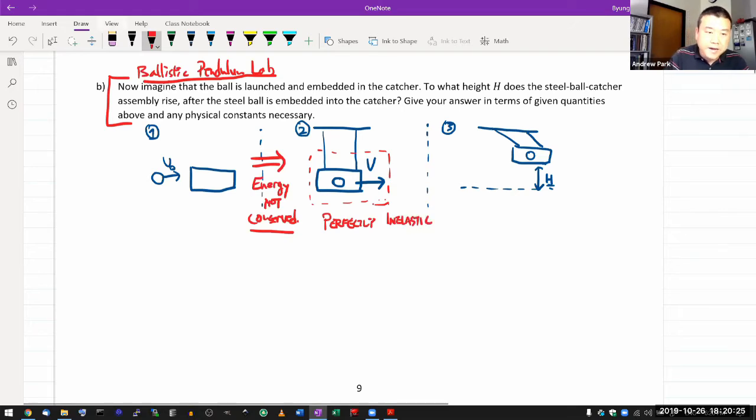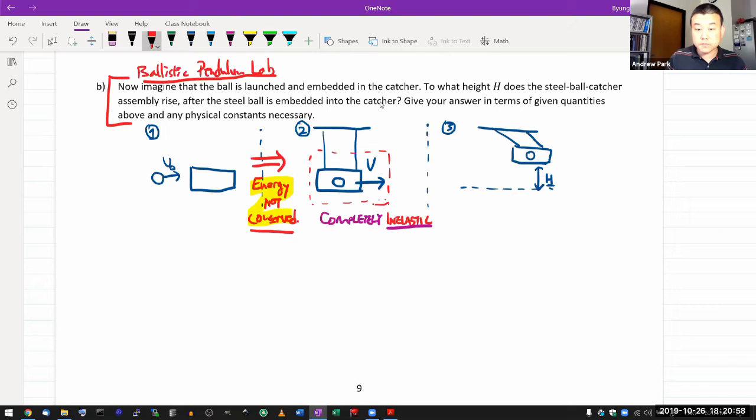Or the phrase I actually like better is, rather than perfectly, I like the phrase completely inelastic collision. But either way, the key phrase here is that it's an inelastic collision. It is where 2 things stick together. In a collision like that, there's no way that kinetic energy can be conserved. And you can work that all out, but for the purpose of this question, it's important that you recognize the fact that energy is not conserved.